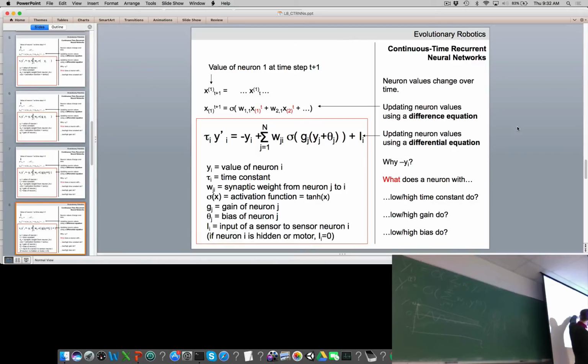So again, imagine that we have 100 of these equations, because we have a neural network with 100 neurons in there. Only some of those neurons, let's say a dozen out of the 100, are actually connected to a dozen different sensors. The other neurons, the hidden neurons and the motor neurons, don't get any information from sensors.